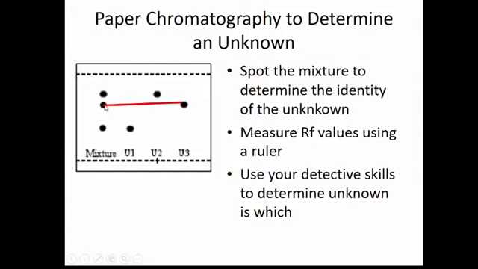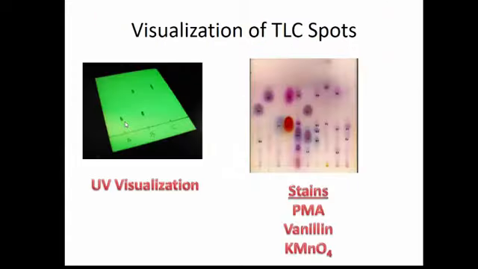This spot here, the second spot, obviously corresponds to the spot at unknown 3. And then this spot corresponds to the spot at unknown 1. So you really have to use your CSI detective skills in this case, if you had a mixture of compounds and 3 unknowns and you had to figure out which was which.